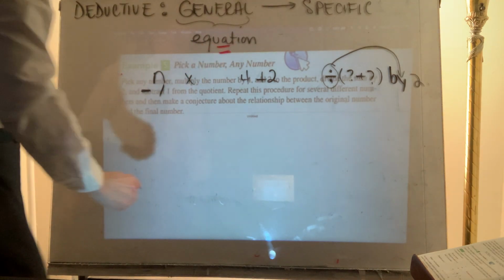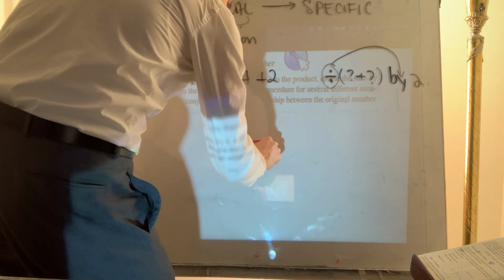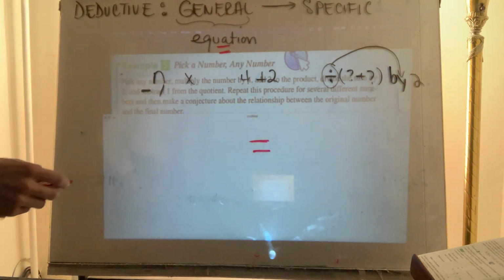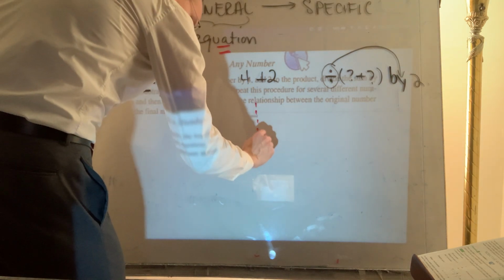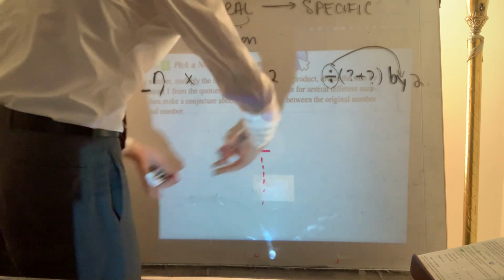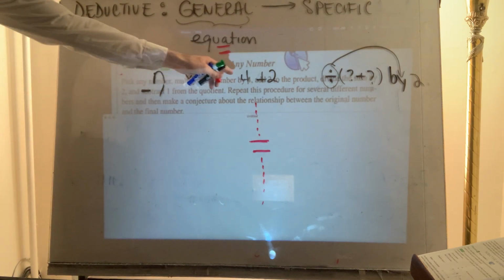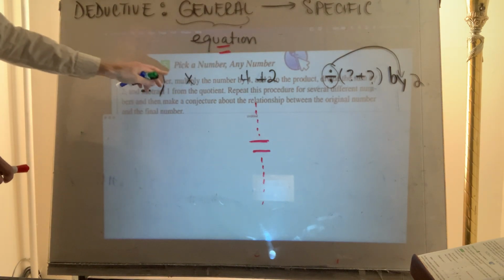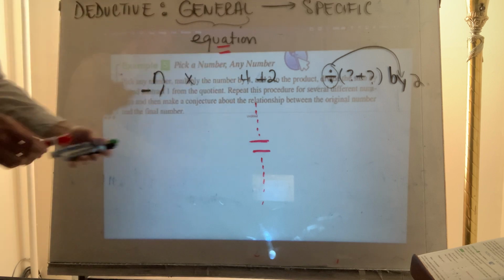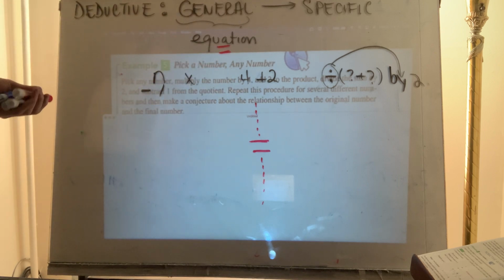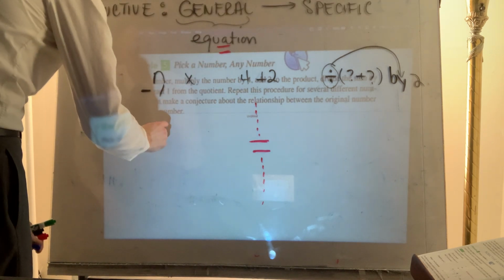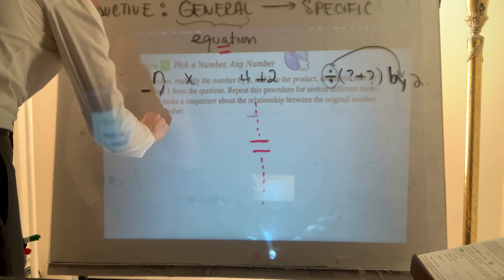So I'm going to make a left side of the equation and the right side of the equation. And on the right side, I'm going to try to arrange this stuff here. A number times 4, I'm going to start with that. So, point number 1 here is n times 4.